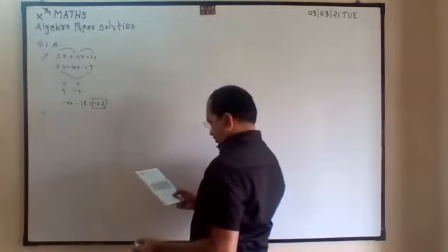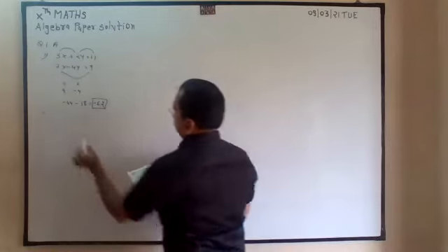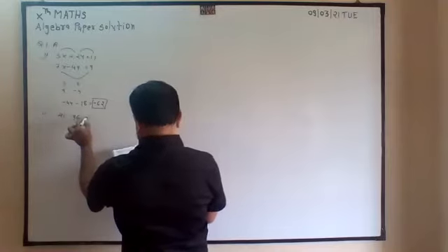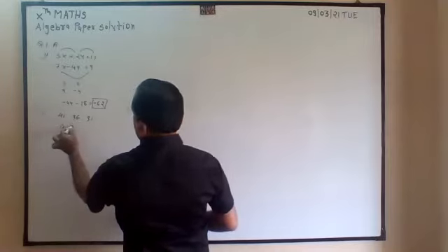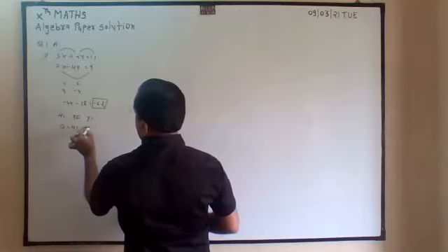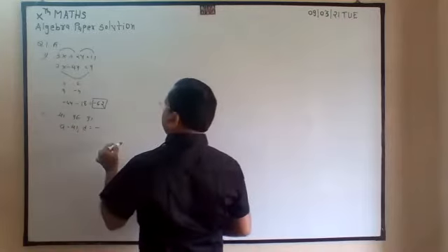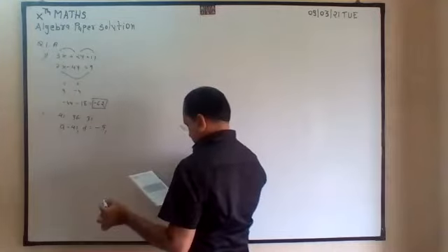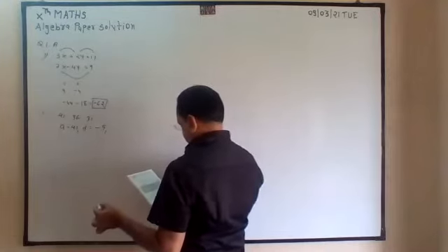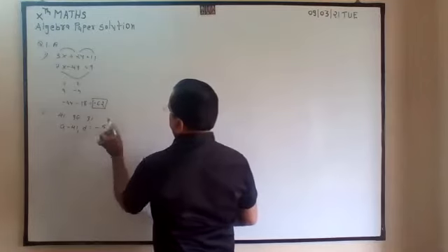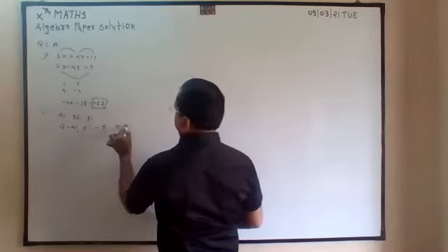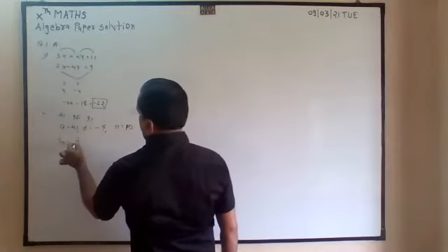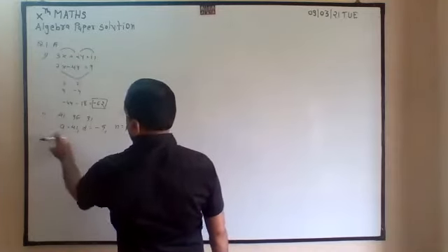What is the sum of the first 10 terms of 41, 36, 31? a is equal to 41. Difference is decreasing, minus 5. n is equal to 10. Tn is equal to... Sn we want, sorry.